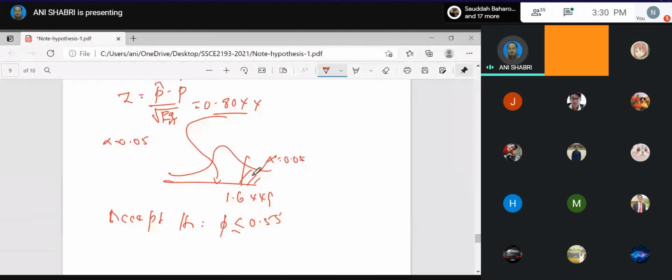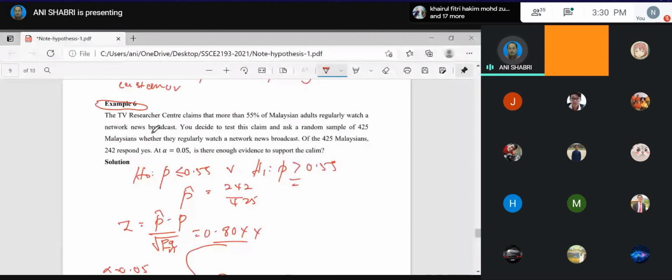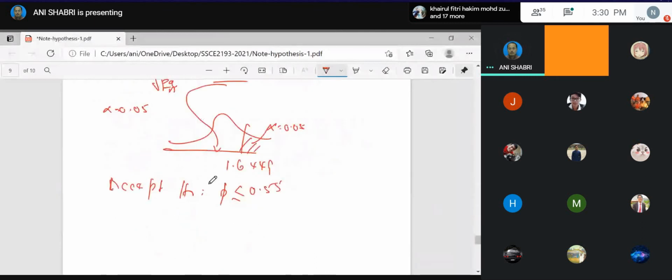The research claim is more than 55% of Malaysian adults regularly watch the forecast. From here we get P is less than 0.55. Okay, the conclusion: the claim is not supported.